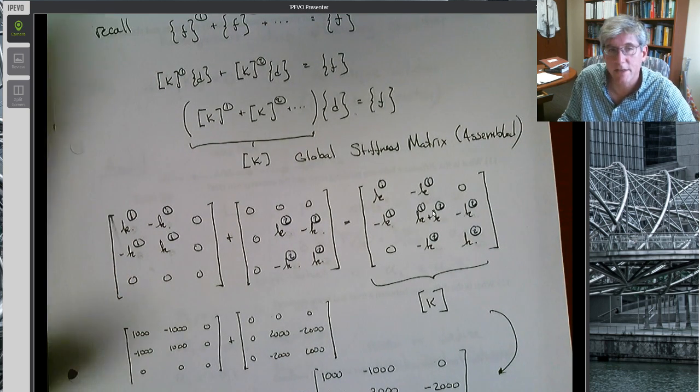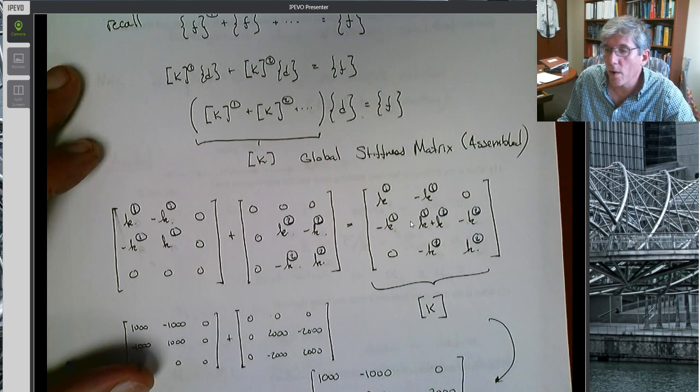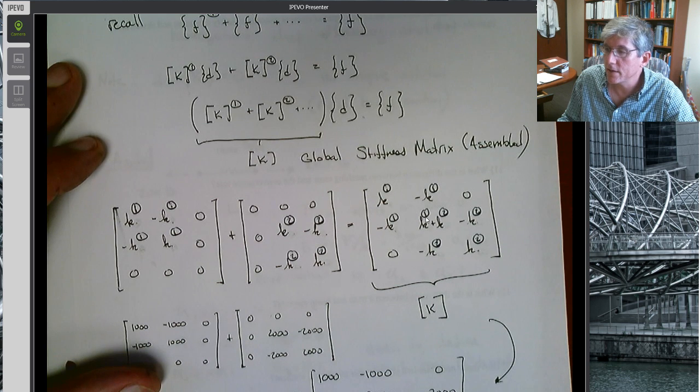It kind of makes sense, and we'll see this more when we look at the other approaches. The only place that they overlap is on the second row, second column. That's where node 2 is, right? And that is because the springs are connected to each other at node 2, right?